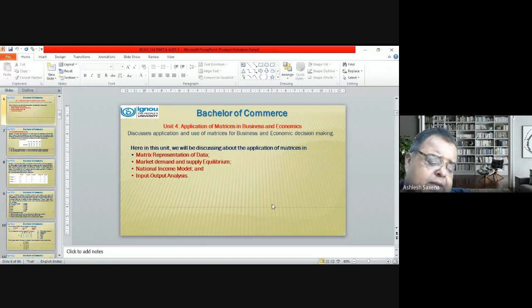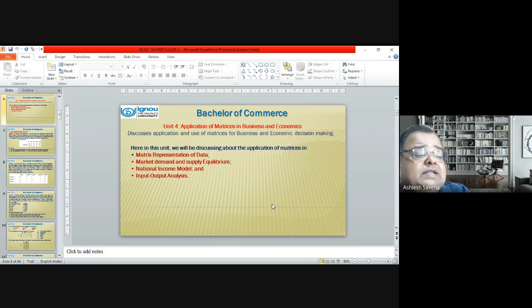So what we will be learning over here, as we are aware of what a matrix is and what a determinant is, is how it is applied when a problem is given to us, what we are supposed to do. First of all, from the statement, we have to convert it into a matrix representation of data.